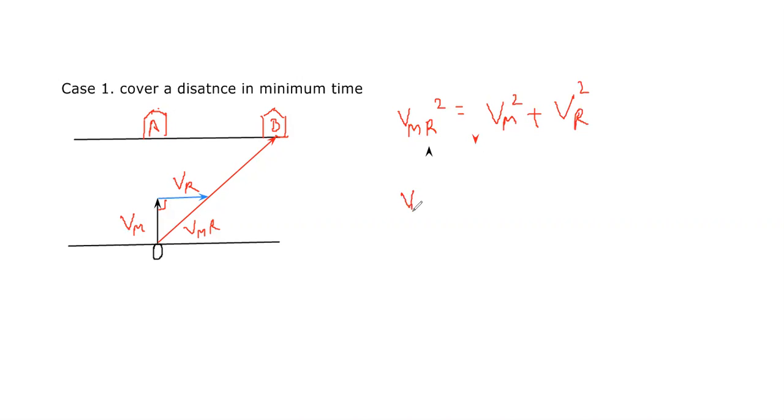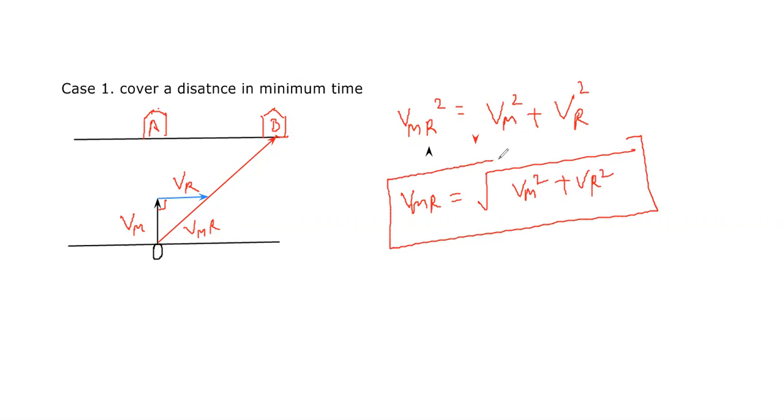So the value of Vmr, the velocity relative to the river, is the square root of Vm square plus Vr square. This concept is clear. Now, how much time is taken? This is the distance small d. There are three velocities in this diagram. To calculate time, we take displacement upon velocity in the direction of displacement.